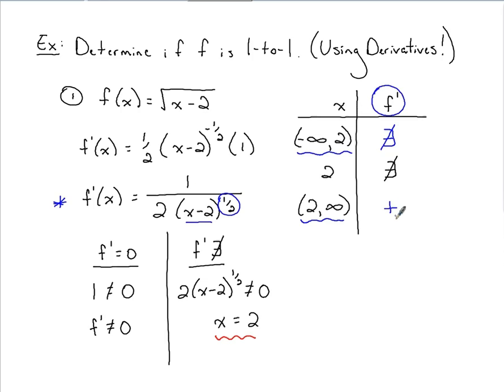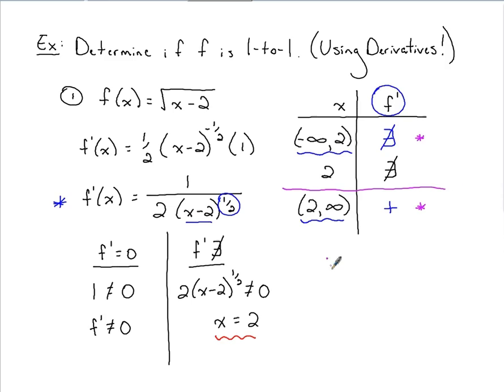So what this chart tells us from the results we got back is this: when you look at all the signs involved, as long as all the signs are the same throughout, then you have a function that is 1 to 1. So the only signs we got back were down here.